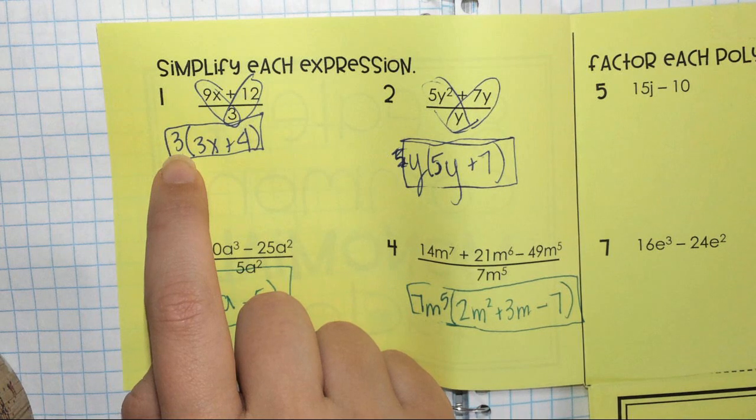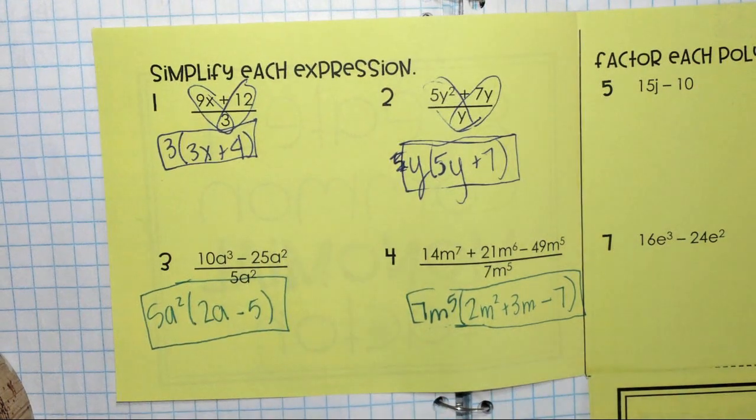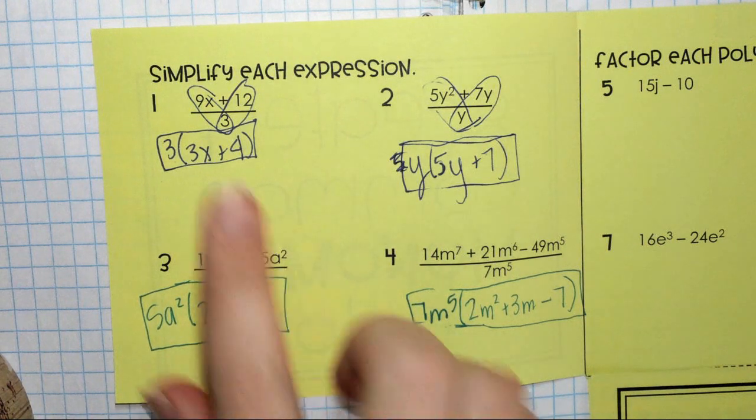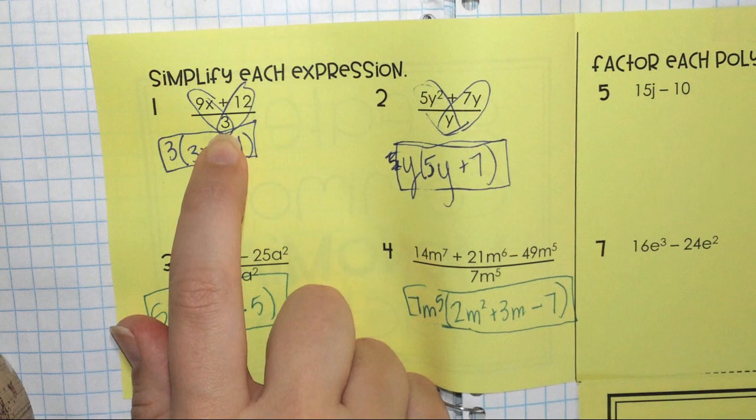What is this? A 3. So what did we factor out? The 3. A number. And the reason we factored out the 3 is because both of these numbers are divisible by 3.